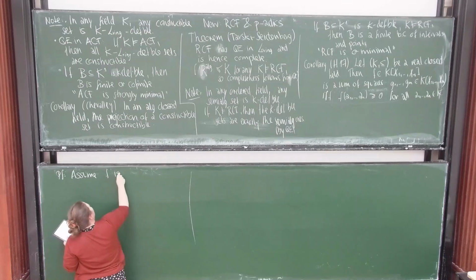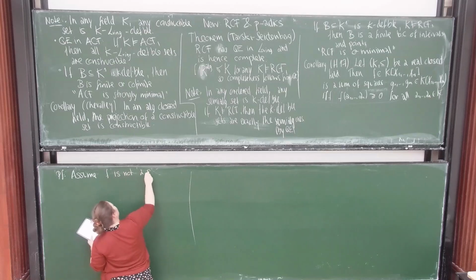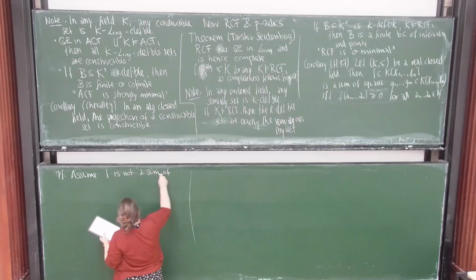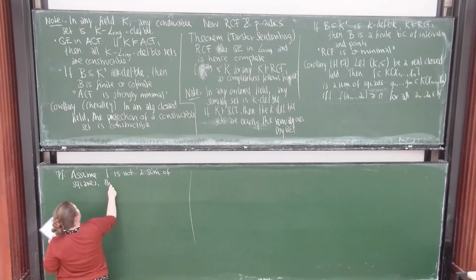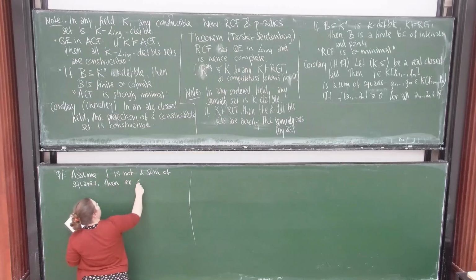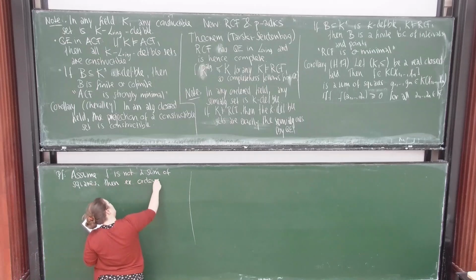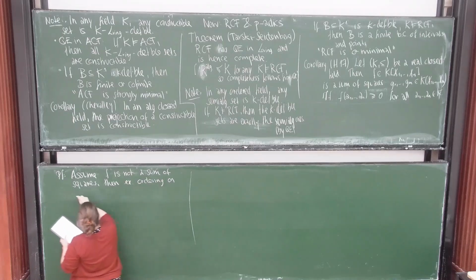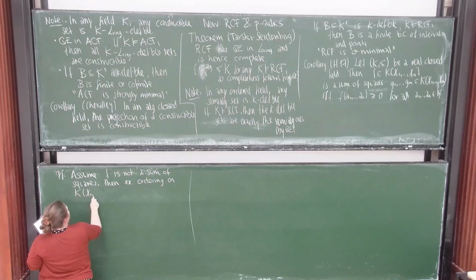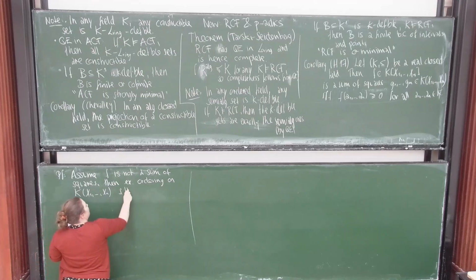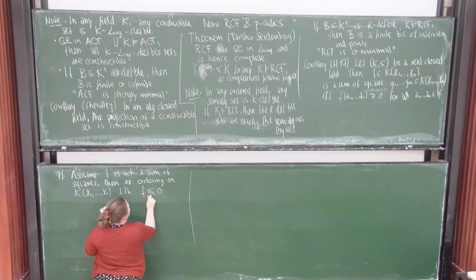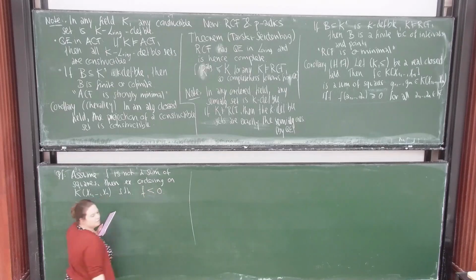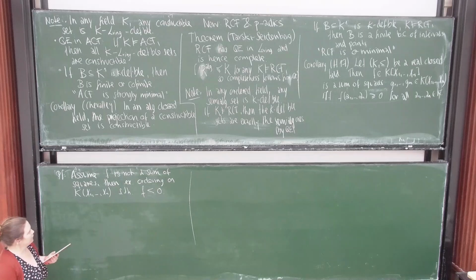Assume f is not the sum of squares, then there exists an ordering on the rational function field k(x1, up to xn) such that f is strictly negative with respect to that ordering.